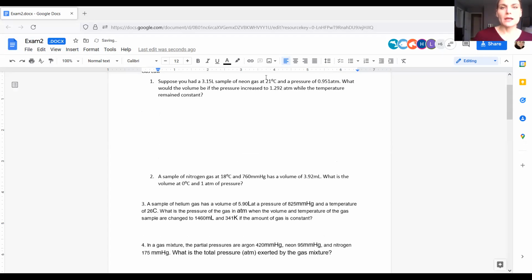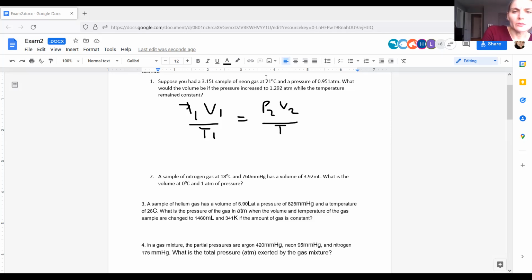So let's write out our combined gas law: P1 V1 over T1 equals P2 V2 over T2. And what law is this that they told us? They didn't directly tell us, but what law is this? Boyle's law. So temperature is constant, so we are automatically removing temperature.